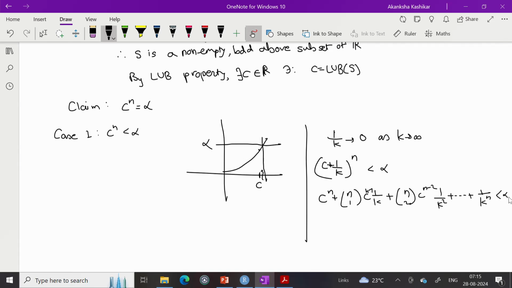This should be less than alpha. Now what I know about natural numbers is 1 by k raised to j will be less than or equal to 1 by k for every j in N. Correct? 1 by k is equal to 1 by k, but 1 by k square will be smaller than or equal to 1 by k because k square is larger than k. Similarly, 1 by k cube will be further smaller.